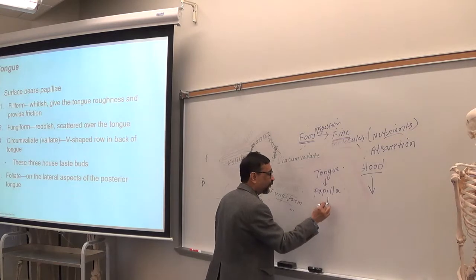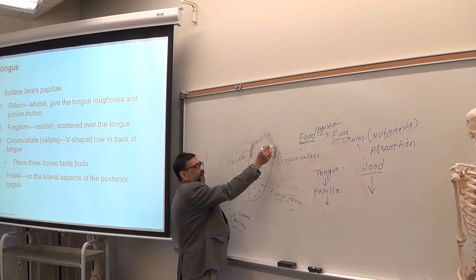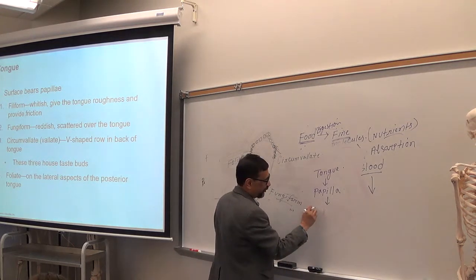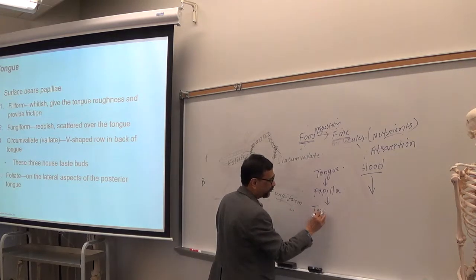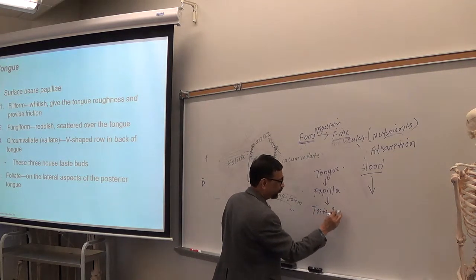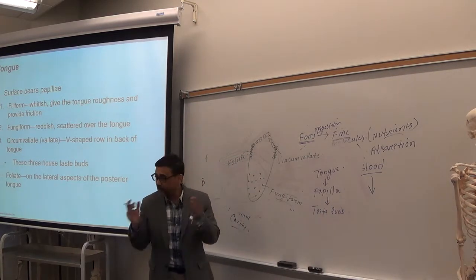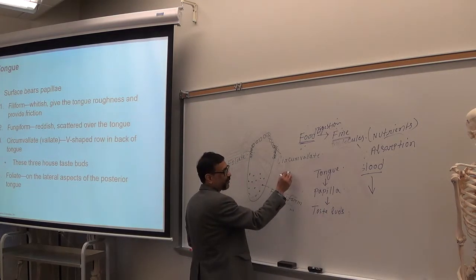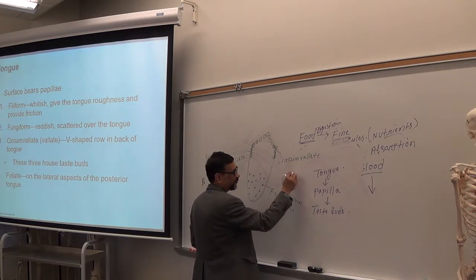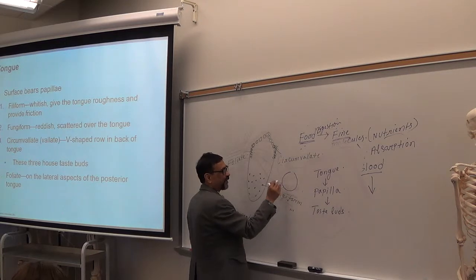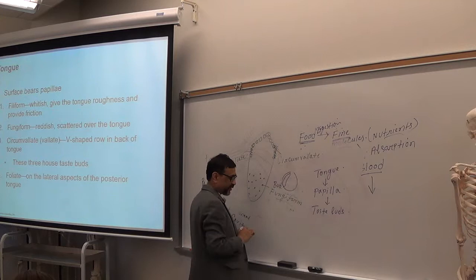And now, if I cut open a papilla and see inside it, I will see taste buds. And now if I open the taste bud, it is like an orange. This is a taste bud, and inside the taste bud you have the taste receptors.